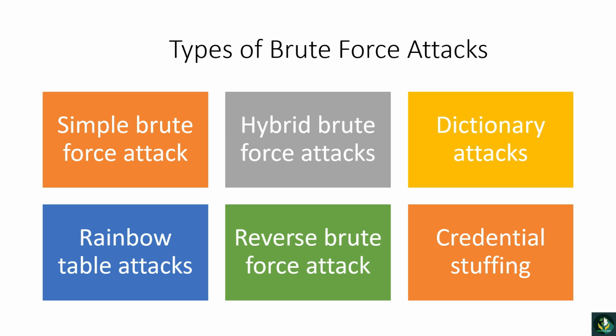Reverse brute force attack uses a common password or collection of passwords against many possible usernames. It targets a network of users of which the attacker has previously obtained the data. Credential stuffing uses previously known username and password pairs, trying them against multiple websites, exploiting the fact that many users have the same username and password across different systems.